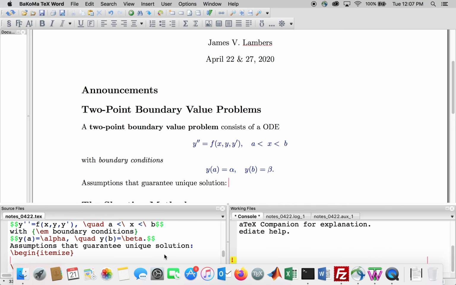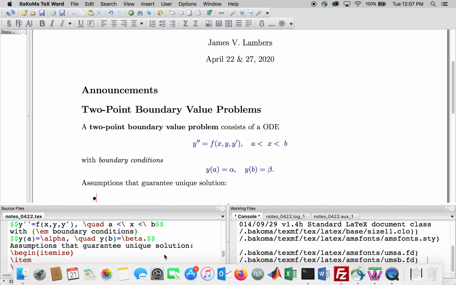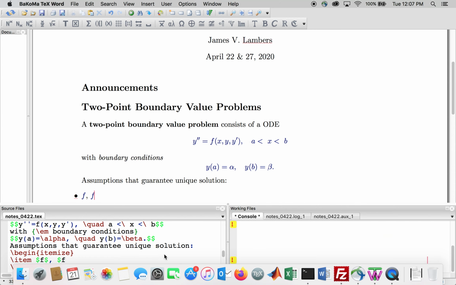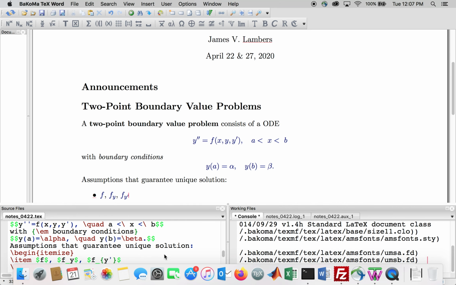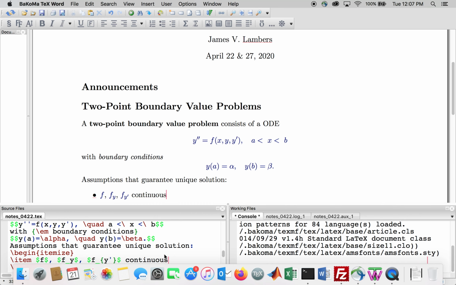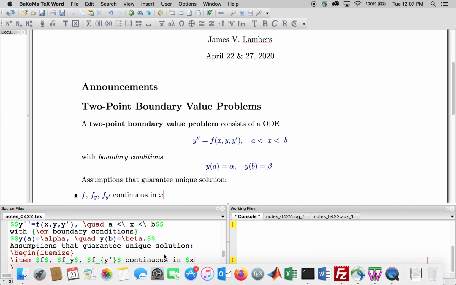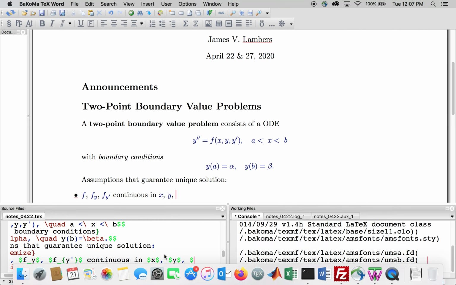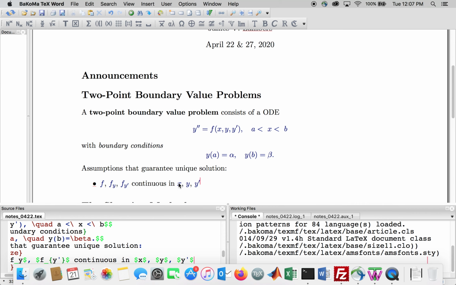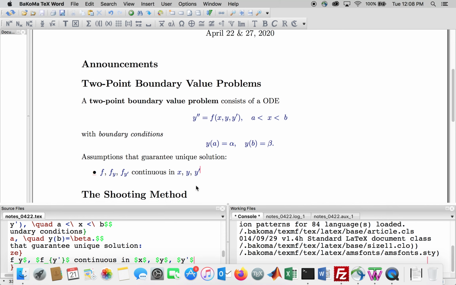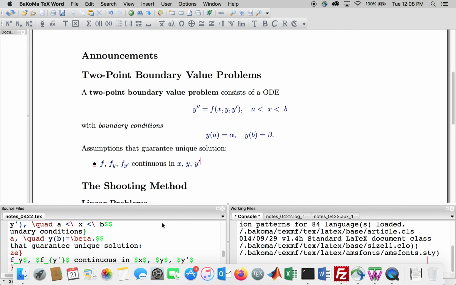The first one won't be any surprise: the function f, df/dy, and df/dy prime are continuous in these variables, on a domain containing x in the interval AB, and y and y prime are allowed to assume any value.